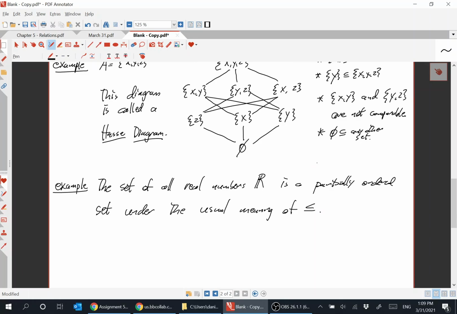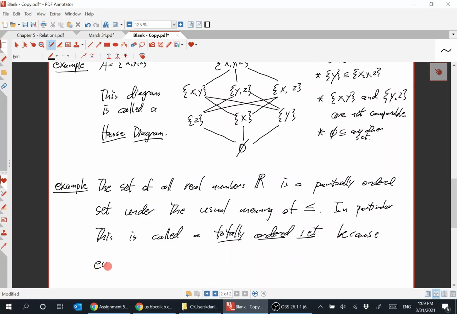In fact, this is called a totally ordered set instead of partially ordered, because every pair of elements is comparable.